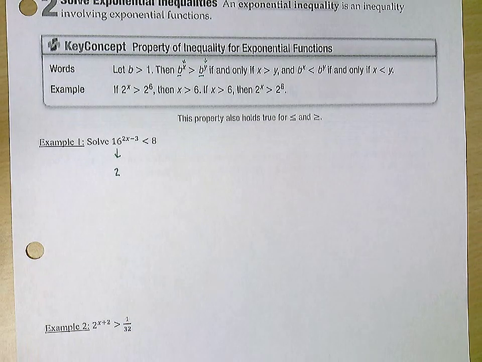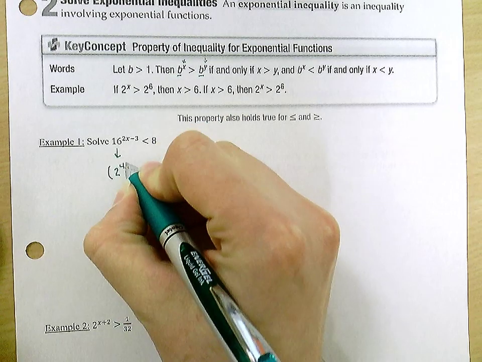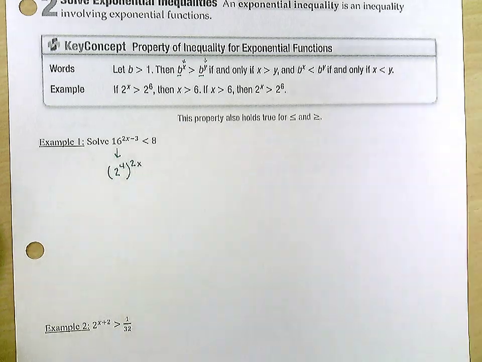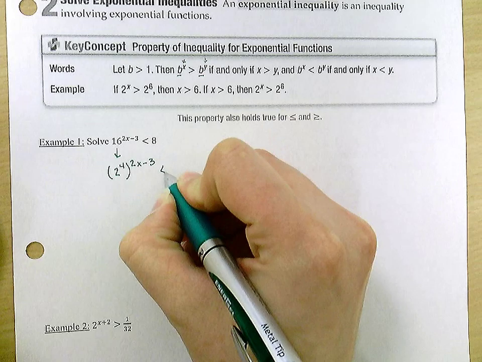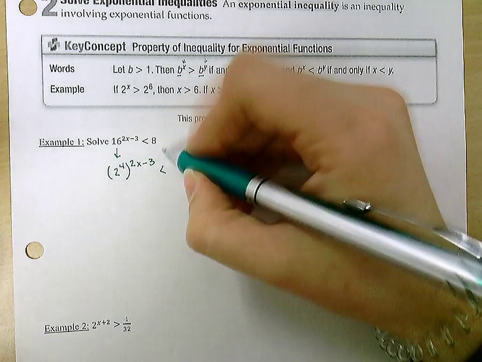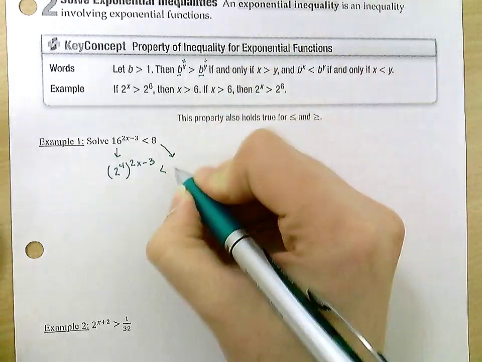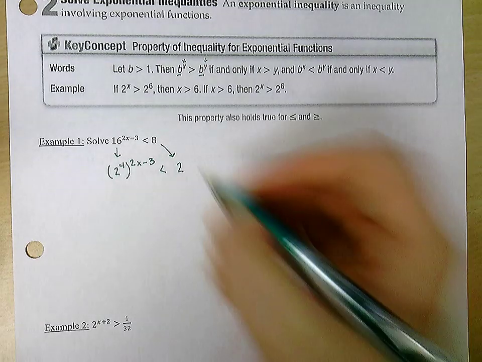What do I have to raise 2 to the power of to get 16? 4. So I have 2 to the power 4, and that's still raised to the 2x minus 3 power. And then what do I have to change this 8 to? I need a common base, so my base is still going to be 2. 8 is 2 to the power of what? 3.